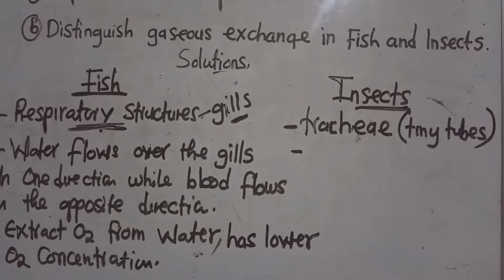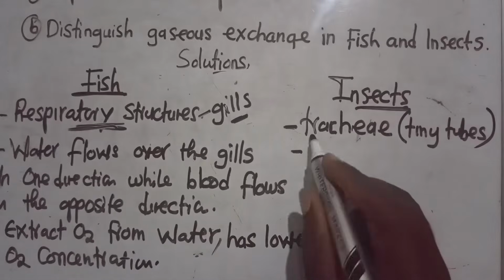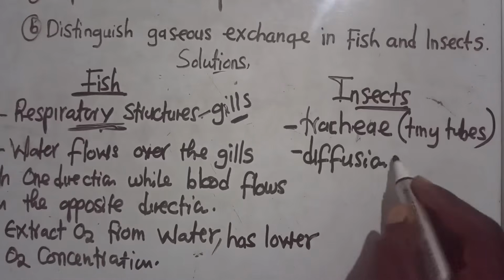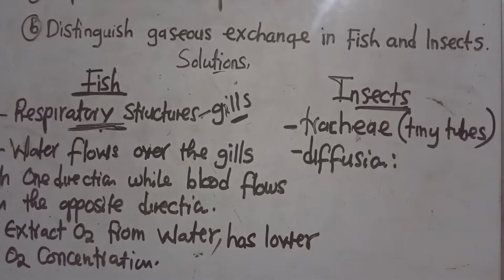When we go to mechanisms, we said that in fish, water flows over the gills. But in insects, we talk of diffusion.